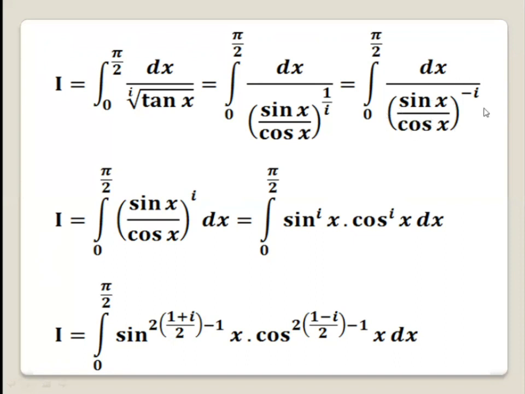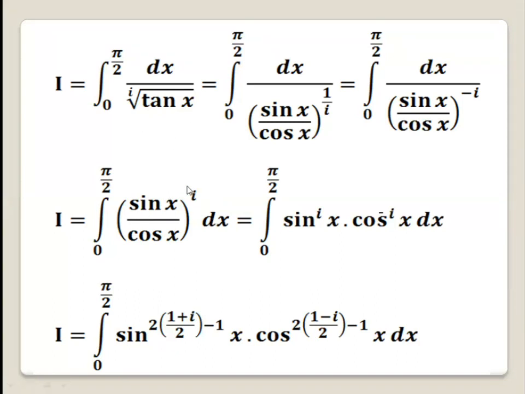Now we can put this whole term in the numerator, and instead of power minus i we put power i, because 1 over a to the power minus n equals a to the power n. And so I equals the integral from 0 to pi over 2 of (sine x over cosine x) all to the power i, dx.